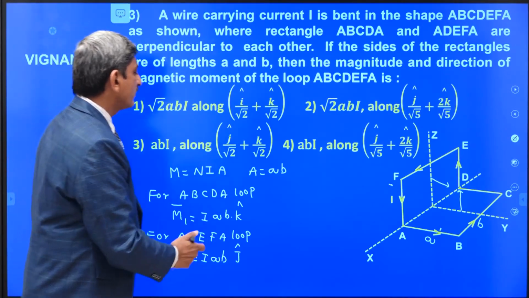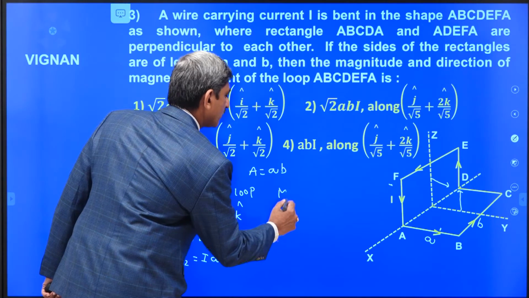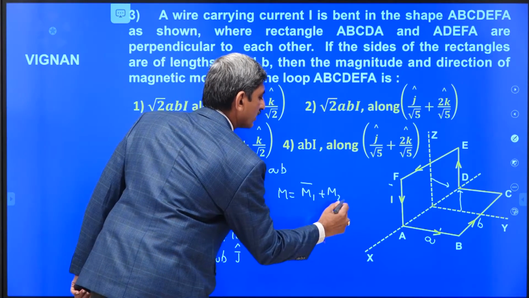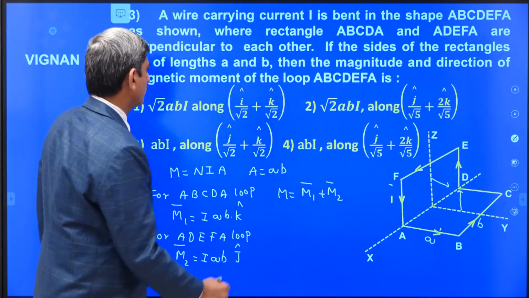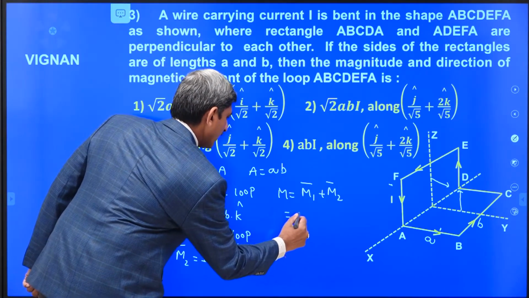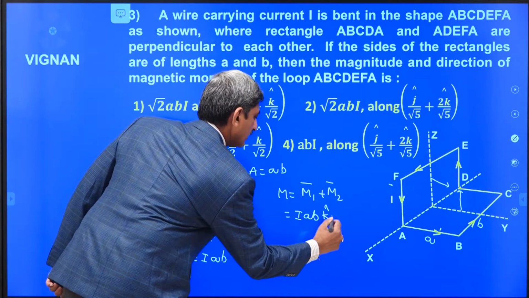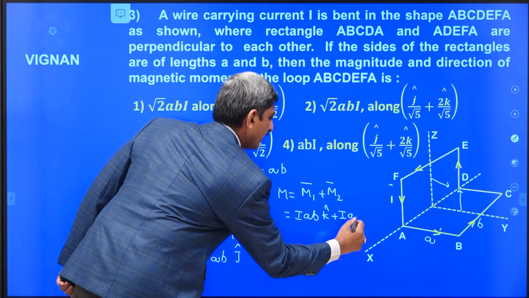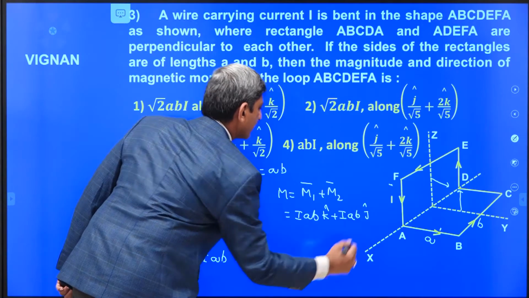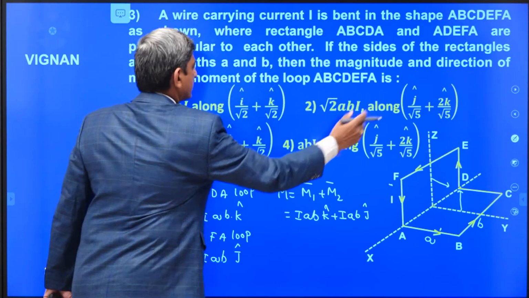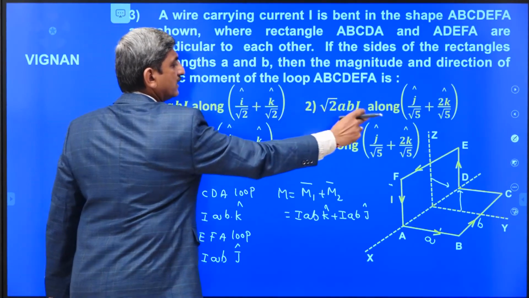Now the total moment of the coil is given by M is equal to M1 bar plus M2 bar. This is equal to IAB k cap plus IAB j cap. But in the answers, in all the options, we have something in the denominator.